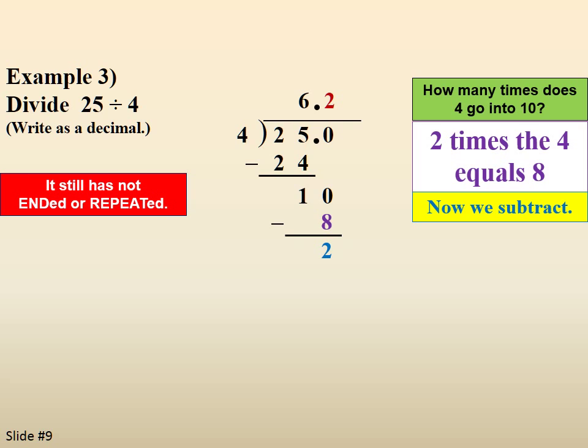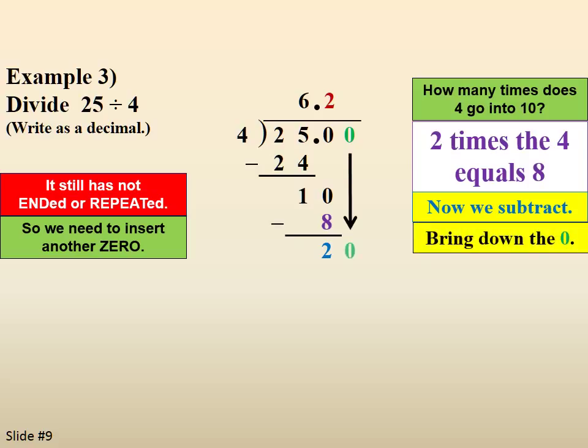It still has not ended or repeated. In other words, my remainder wasn't a 0. Okay. So I need to insert another 0 and bring it down.